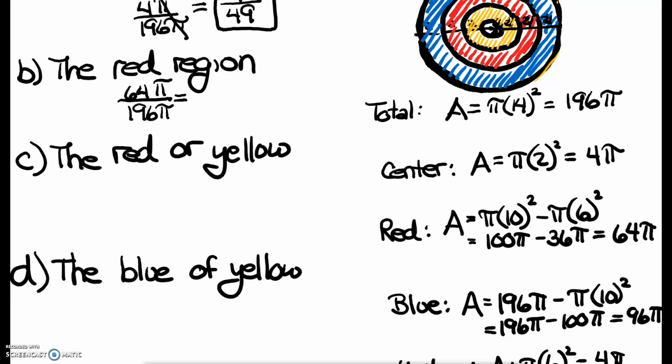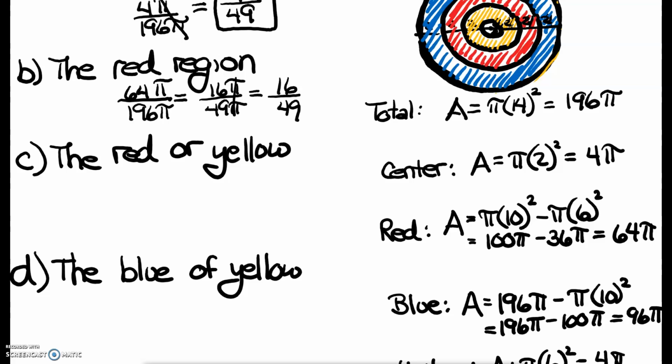So that is going to be, let's see, I know 4 goes into everything. So this is going to be 16 pi over 49 pi, and then the pi's reduce out to give us 16 over 49. How about the red or the yellow?